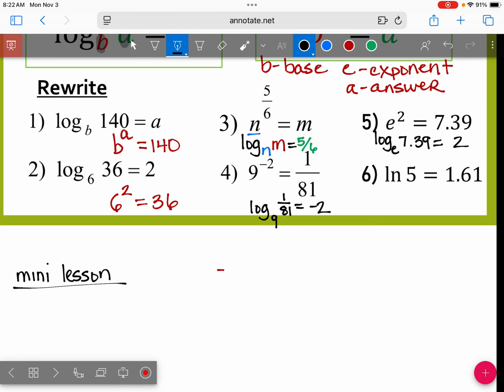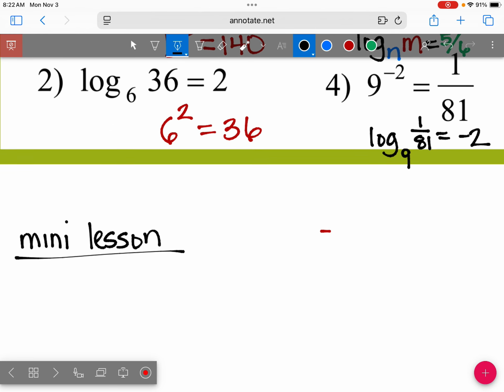Most calculators only have 2 log keys, okay? Some of the fancier ones have more. You have a log, which has a base of 10. The base of that log key is base 10. And then you have LN, which means a log with a base of E.